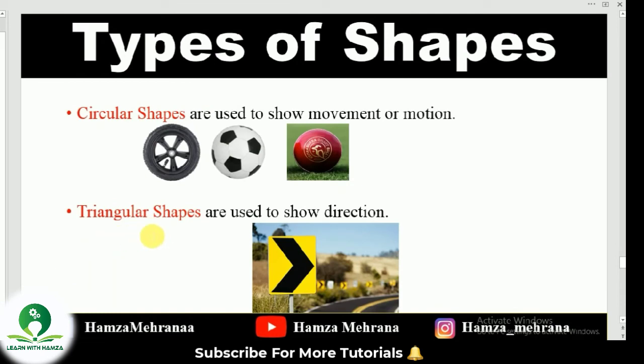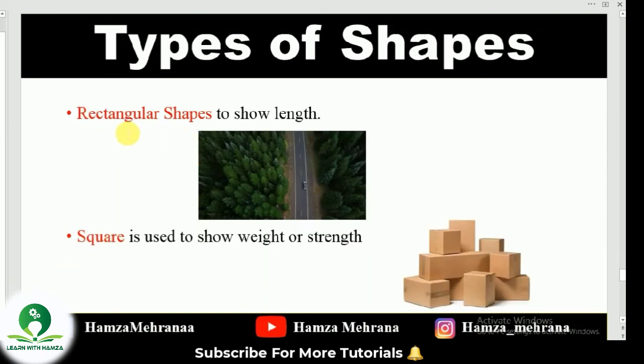As transportation is related to direction and movement, we can use a triangular shape in that case. Moreover, if we want to show length in our designs, then rectangular shapes are used, and if we want to show weight or strength, then square shapes are used. This is all about the third element of design, which is shape.